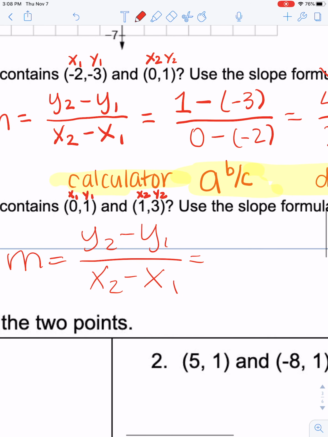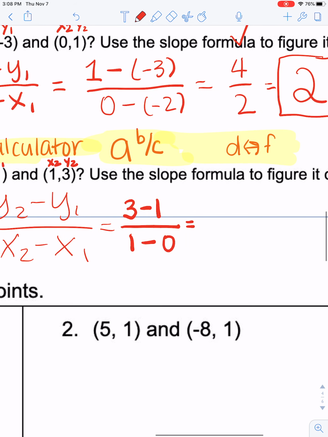If I plug it into my formula, I get 3 minus 1, and then x sub 2 was 1 minus 0. This looks easy, so I'm going to plug this into my calculator.